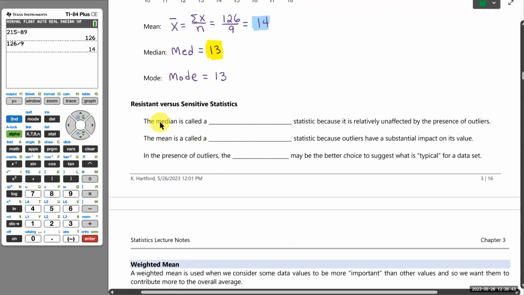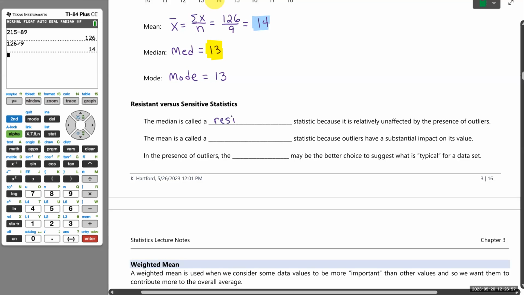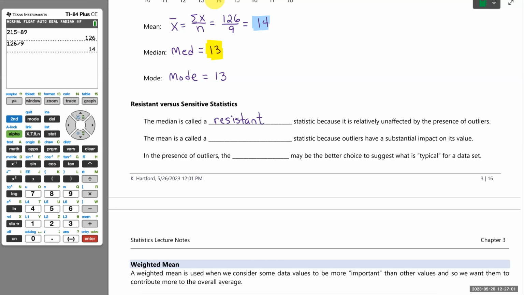Because the median was relatively unaffected by the outlier, 13 versus 14, the median is generally not highly affected by outliers, so we call it a resistant statistic. It resists change when outliers are present because it's just that middle value in a sorted list.